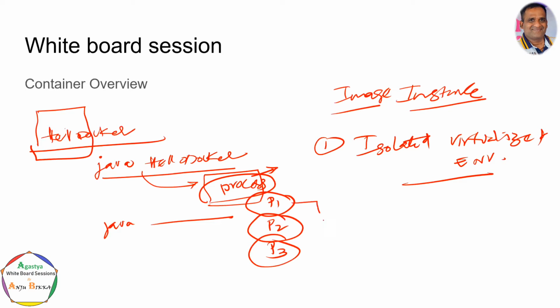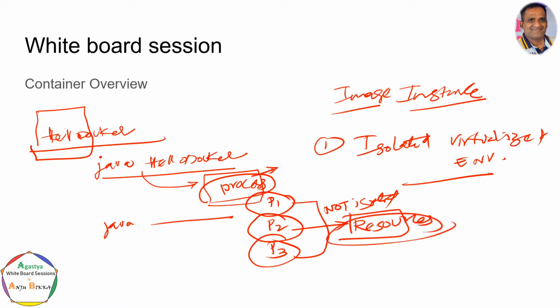But these processes, very important to note, are not isolated. They are going to share the same resources on which these processes are created. This is one point we need to note. And again, a process is not going to be executed forever.